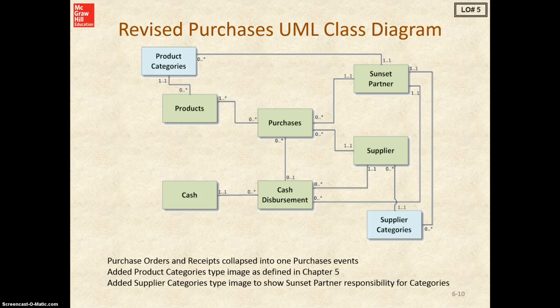Revised purchase UML class diagram. So here we have purchase orders and receipts collapsed into one purchases event. Added product categories type image as defined in Chapter 5. And added supplier categories type to show Sunset partner responsibility for categories.